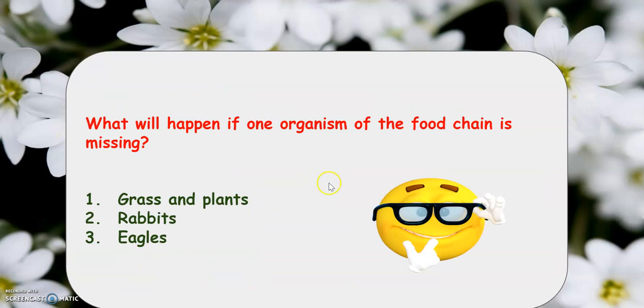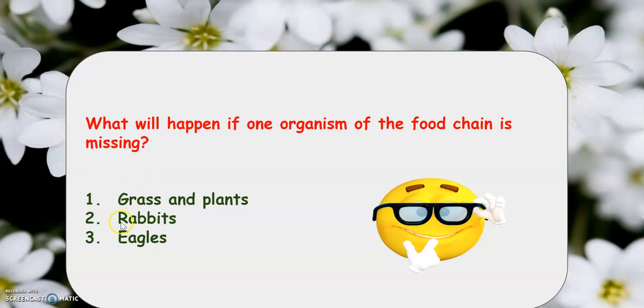Then this is the most important part of my lesson. It is an exercise that develops critical thinking for my students. I give them an open question, and I ask them to imagine what will happen if one organism of the food chain is missing.